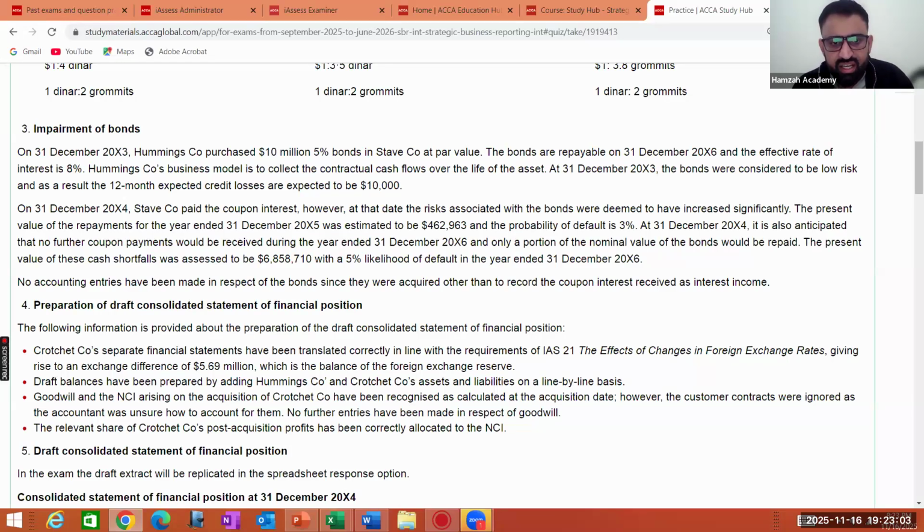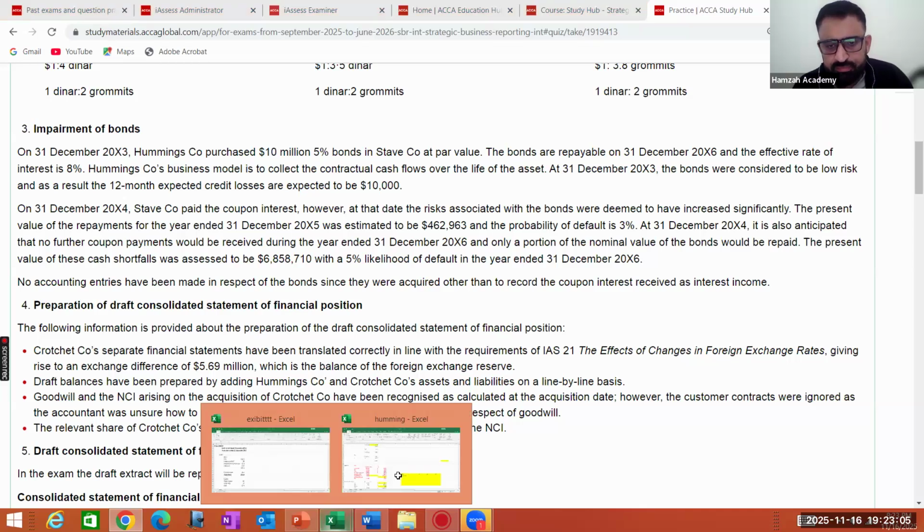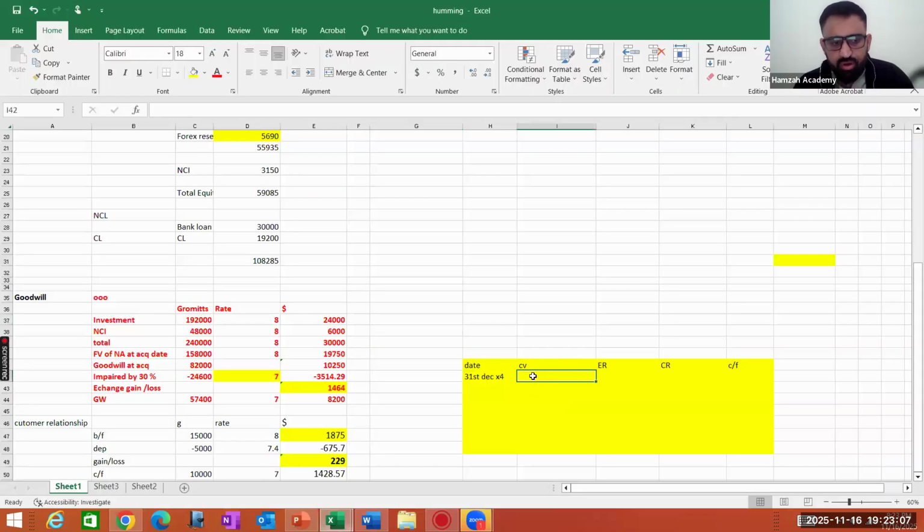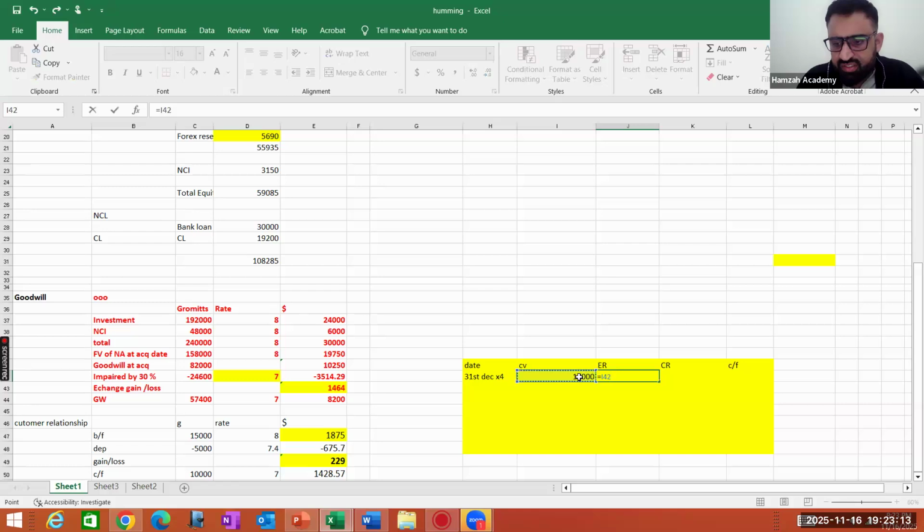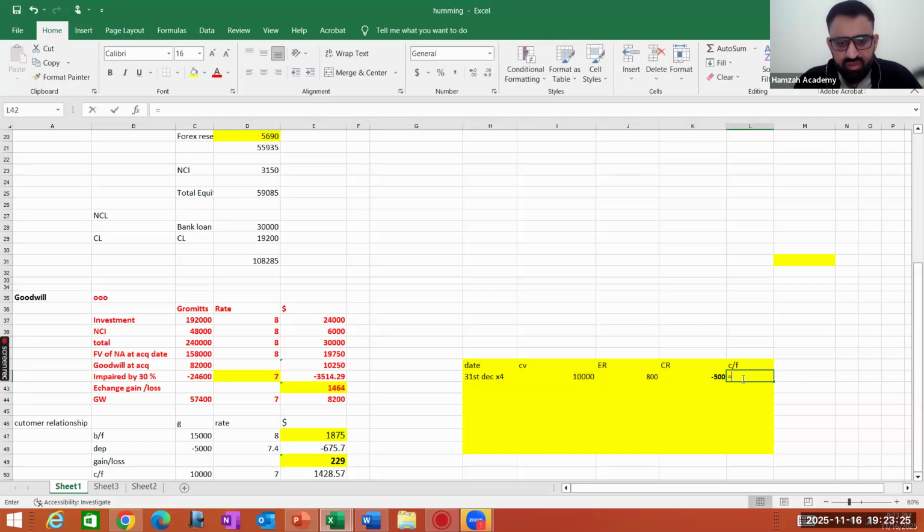So, dear student, they have purchased a bond. The bond at 30 December has a carrying value of 10,000. The effective interest rate is 8%, and the coupon interest rate is 5%.